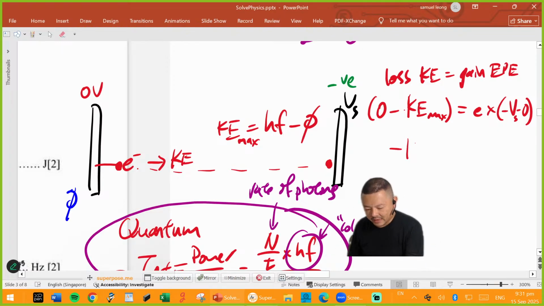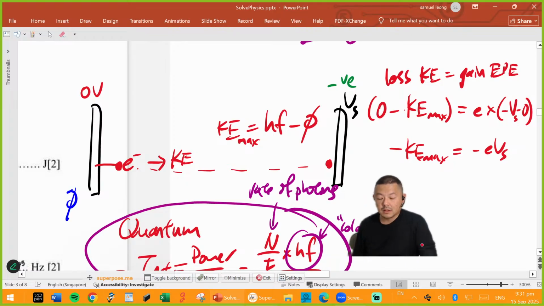So you will end up with negative KE max equals negative eVs, and both sides cancel off. That's why there's a negative sign. But I think what you suggested is correct. It's not that you're trying to force it to work. It's more like because there's a negative sign to indicate a loss of KE, and therefore it will work.